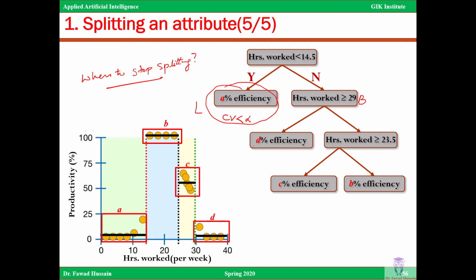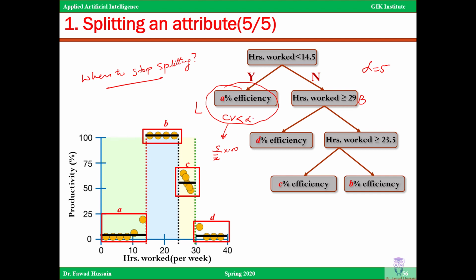So if I say my alpha is equal to 5, and then when I make this split at 14.5, I have this region, I take these 5 or 6 values, and then I'm going to calculate the average and standard deviation and then compute the coefficient of variation, and this coefficient of variation was s divided by x bar multiplied by 100.